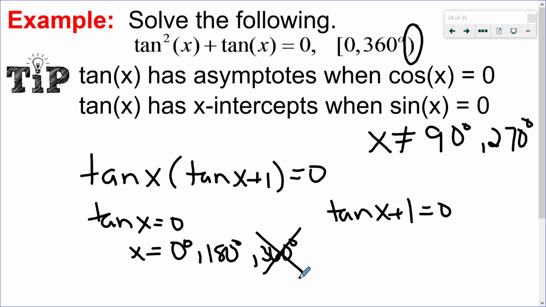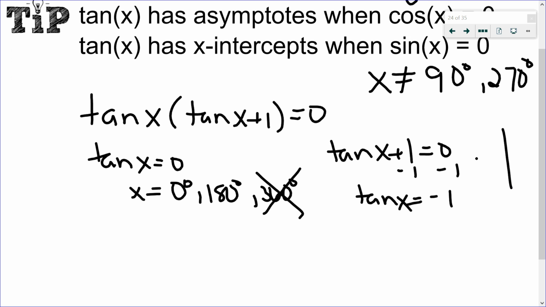Let's solve this next one. I'll subtract 1 from both sides, and I get tan x equals negative 1. Using our CAST rule, which I always like for tangent, tangent is negative in quadrants 2 and 4. The reference angle is for tan to equal 1, and tan is a ratio of sine over cosine, so you look at where sine and cosine have the same value, which happens at 45 degrees because they're both root 2 over 2.